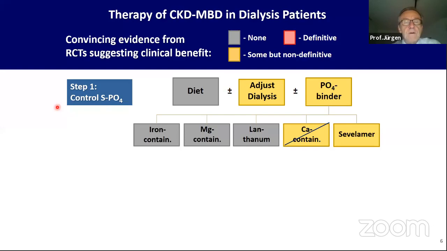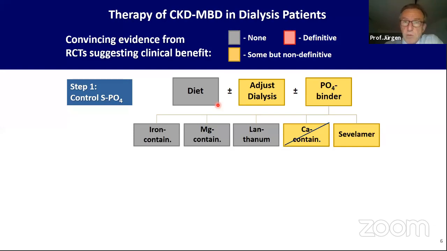Now, if you ask yourself, what do you do first in secondary hyperparathyroidism? I guess we would all agree that step number 1 is to control serum phosphate. You can do this by diet. And note that this is a gray box. It has never been shown that restricting phosphate in the diet is beneficial or that it's even safe.